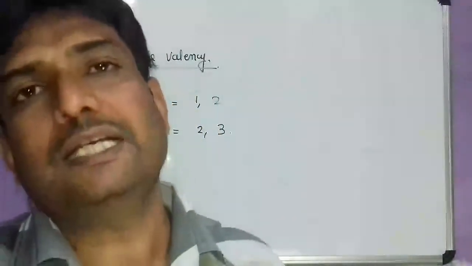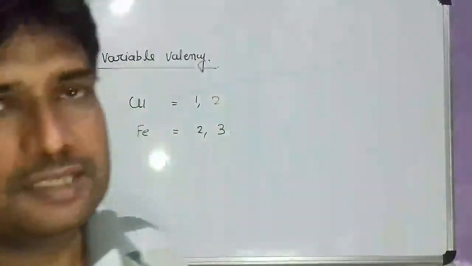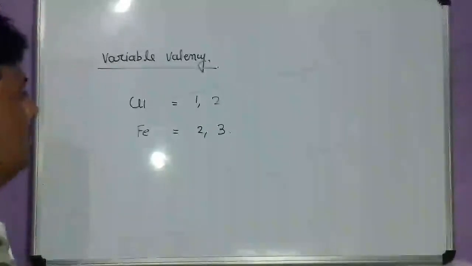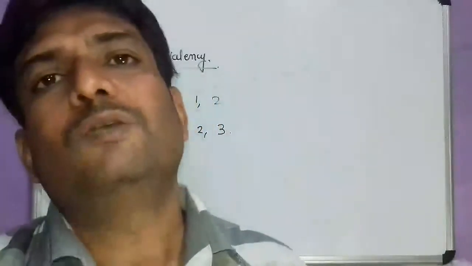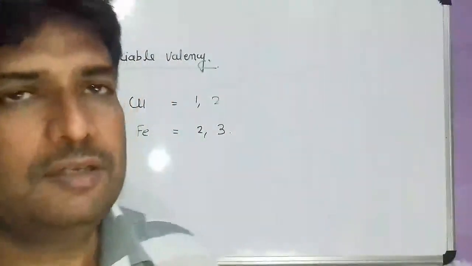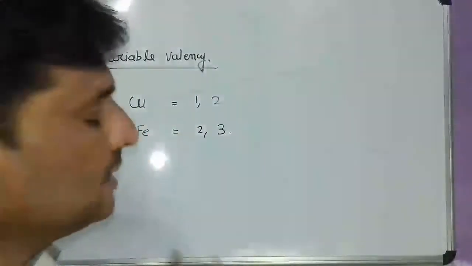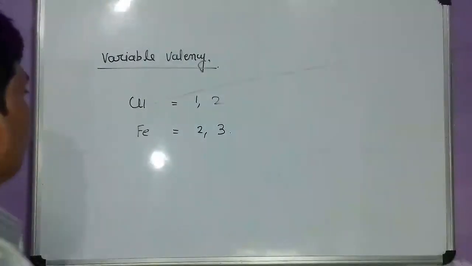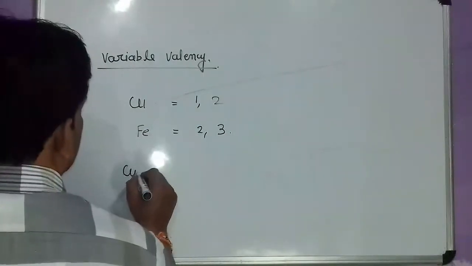So the elements which show more than one valency are called variable valency. The character of some elements that show more than one valency is called variable valency. Clear?